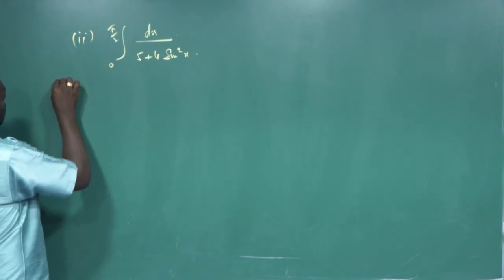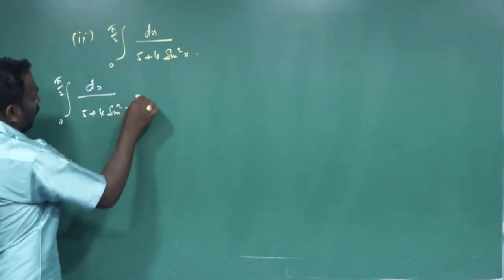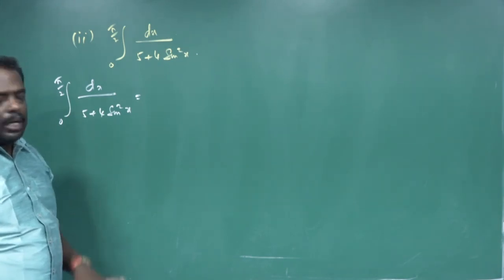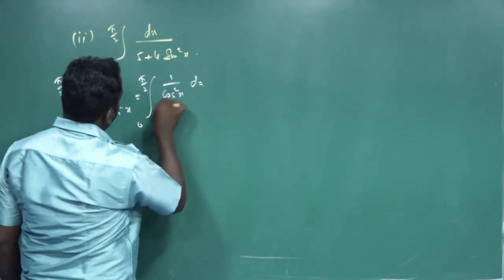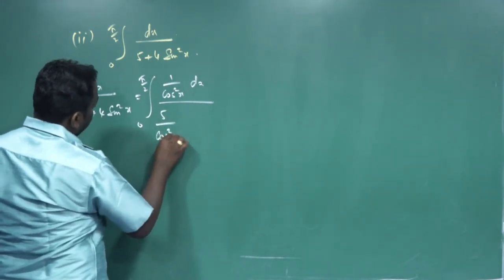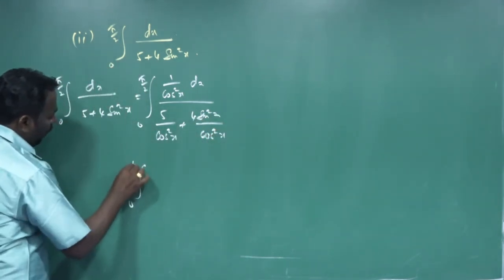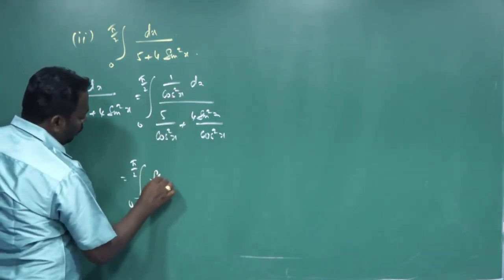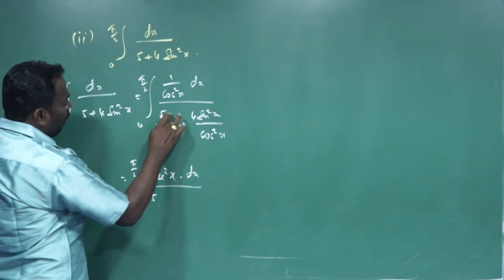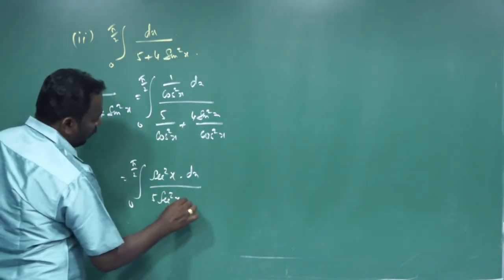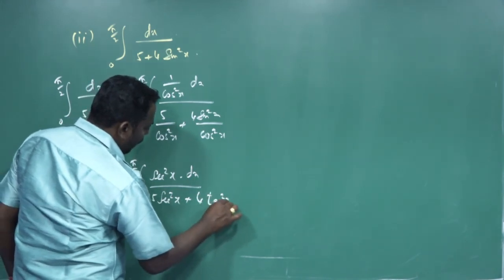Therefore, given the integral from 0 to π/2 of dx by 5 plus 4 sin² x, again we have to multiply the numerator and denominator by 1 by cos² x. Therefore, the integral from 0 to π/2 of 1 by cos² x into dx by 5 by cos² x plus 4 sin² x by cos² x.